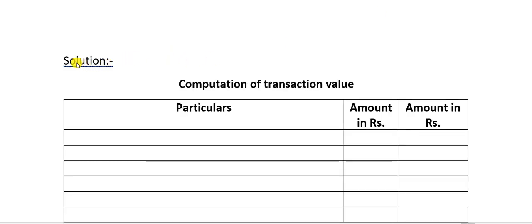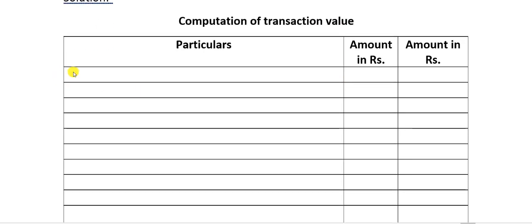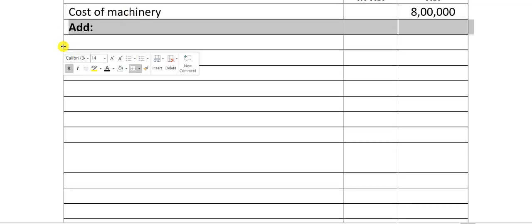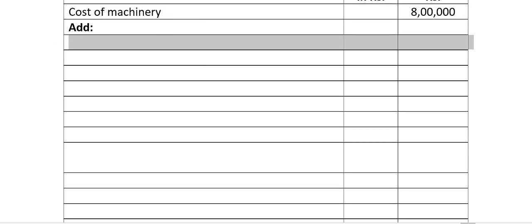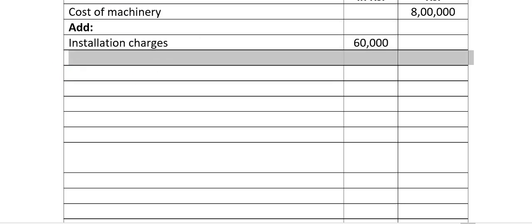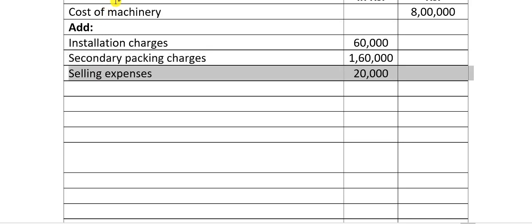Hello students. The solution: computation of transaction value, and we also have to find out the GST payable. First, we take the cost of machinery, 8 lakh. Then we add the following expenses incurred. Installation charges 60,000. Secondary packing charges 1,60,000.